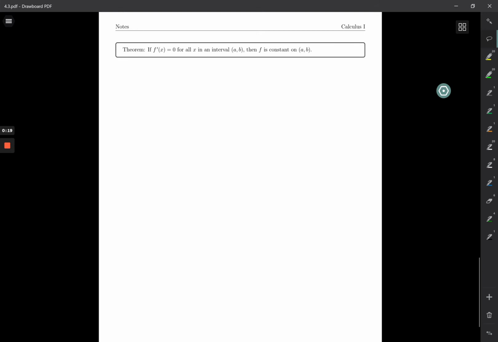This makes sense because if a function has a derivative of 0, it has to have a horizontal tangent. And if a function has a horizontal tangent at every single point in an interval, it makes sense that it would have to be a horizontal line, right?